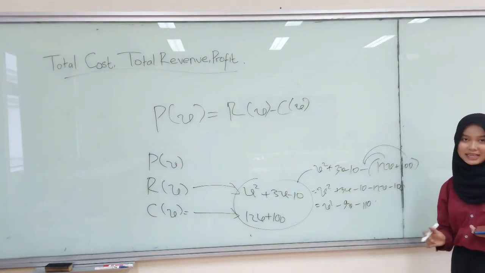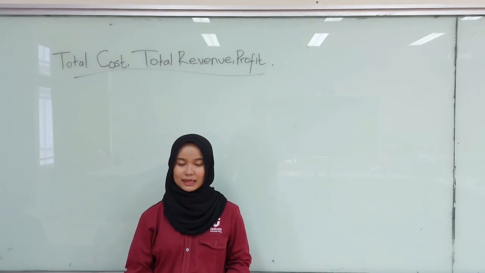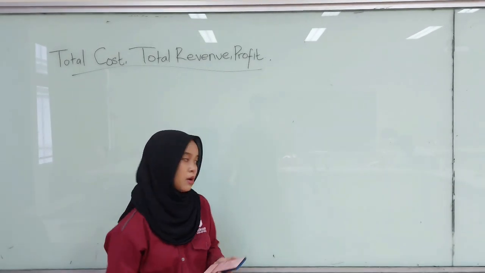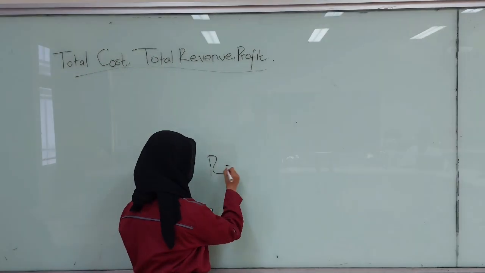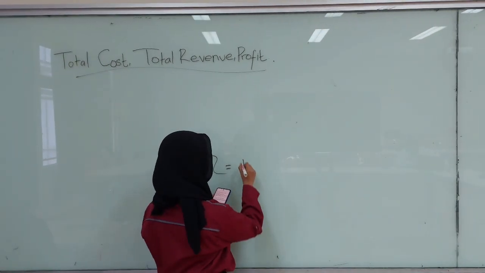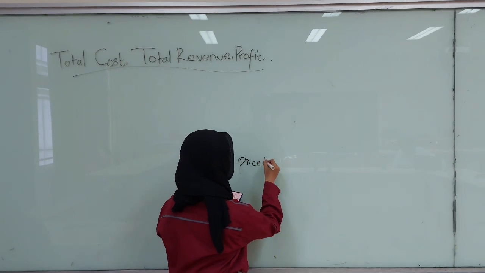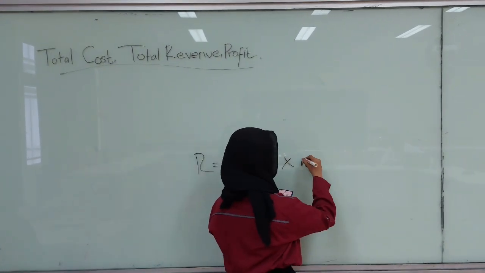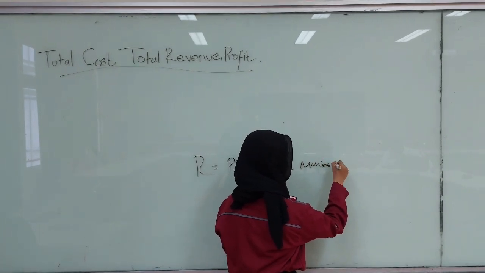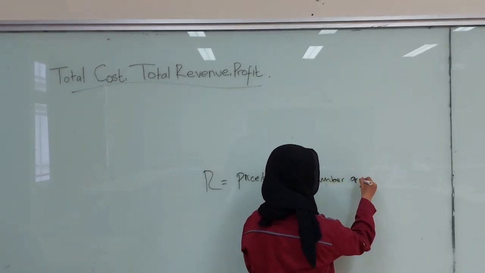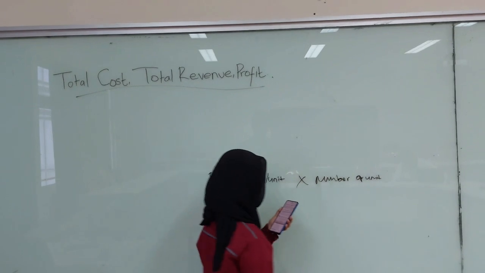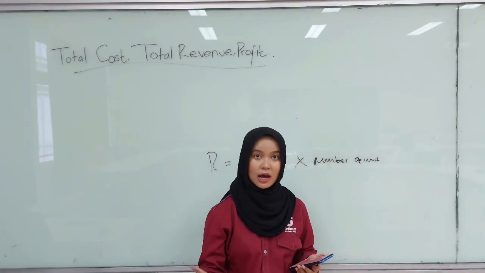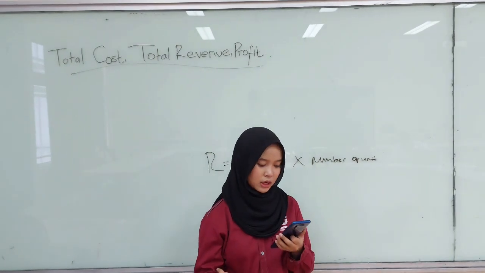That's a quick example. In general, revenue is found by using the equation: revenue equals price per unit times number of units. The cost is composed of two parts, fixed cost and variable cost.